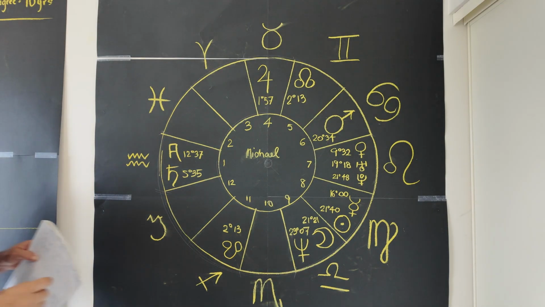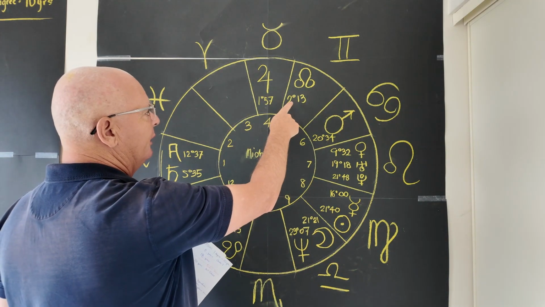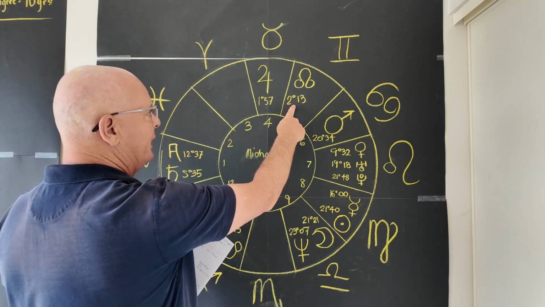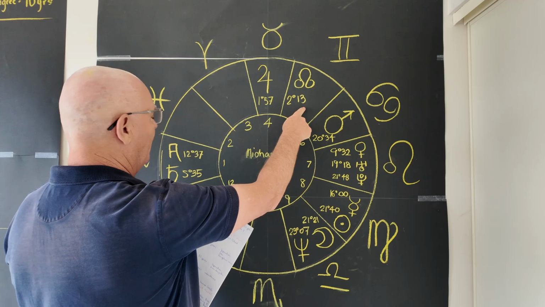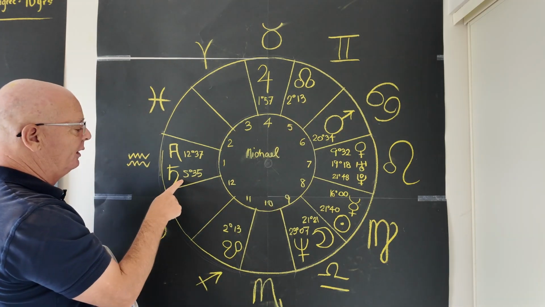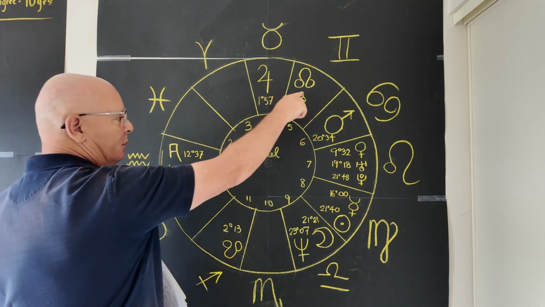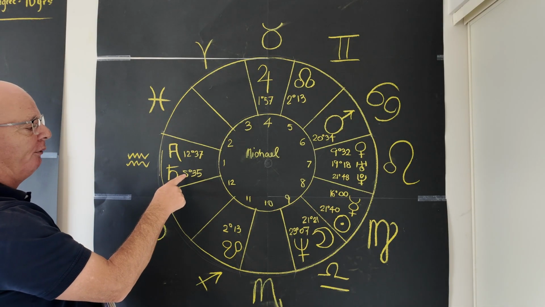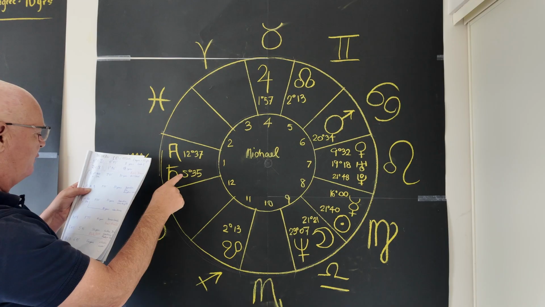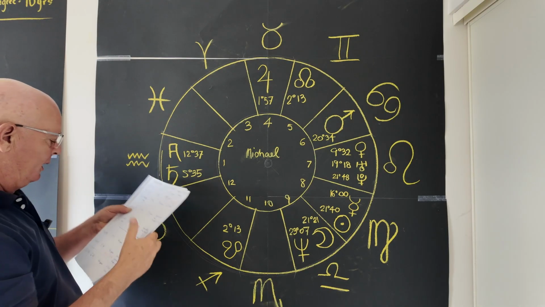Can we verify that? If we add 3 degrees 22, we get 5 35, which is the degree of Saturn here. So all the way around, 240 degrees with an orb of 3 degrees, 22 minutes.